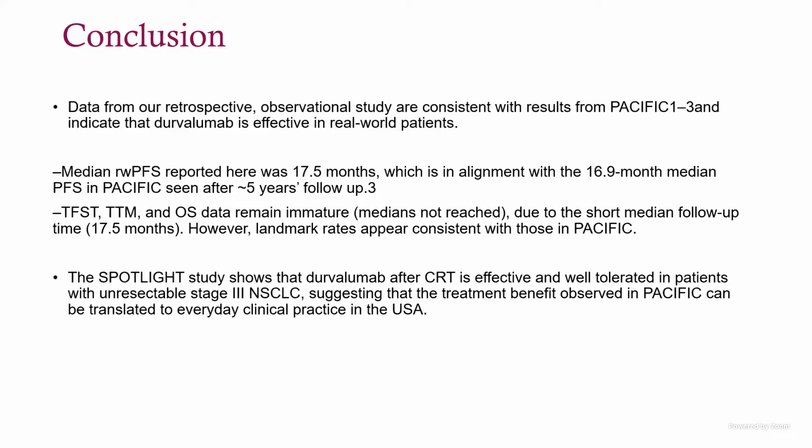And all other parameters were also quite similar to PACIFIC. The SPOTLIGHT study shows that durvalumab after chemoradiation is effective and well tolerated in patients with unresectable stage 3 non-small cell lung cancer, so that the treatment benefit observed in PACIFIC can be translated to everyday clinical practice in many parts of the world. Next slide.